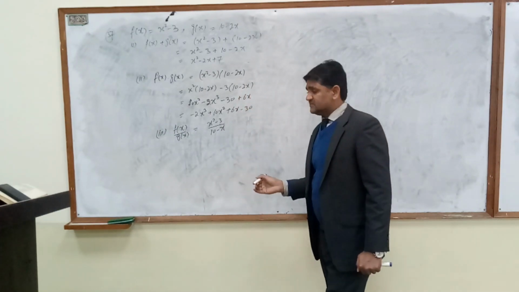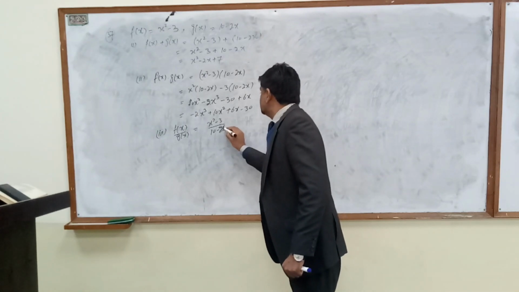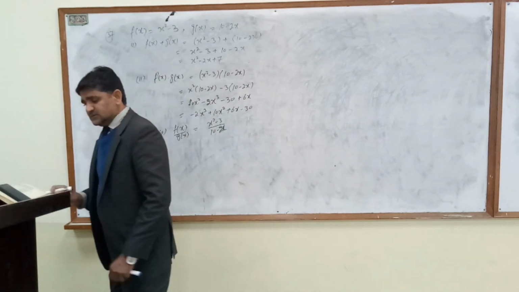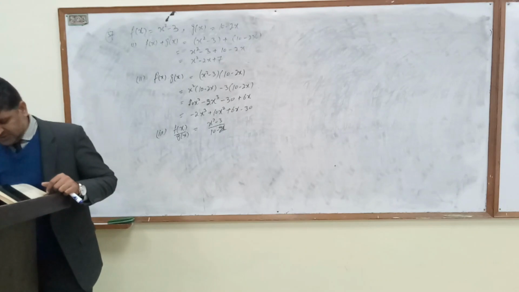We can leave it here, 10 minus 2x. So in this question we talked about the combination of functions, rational function and product function.